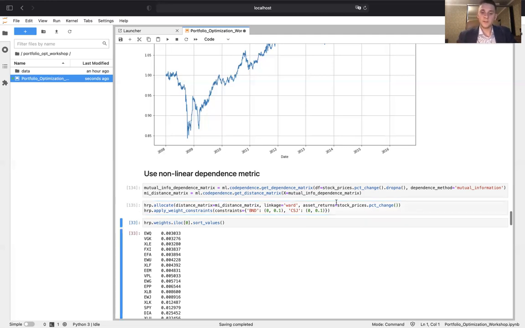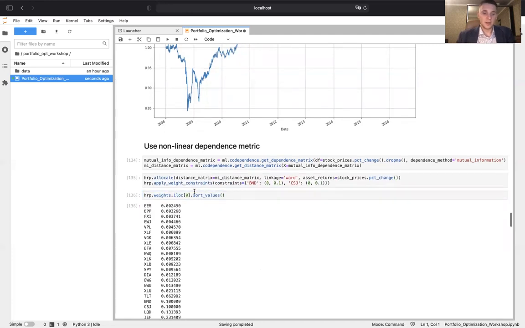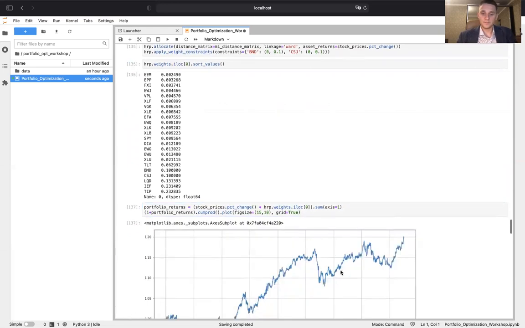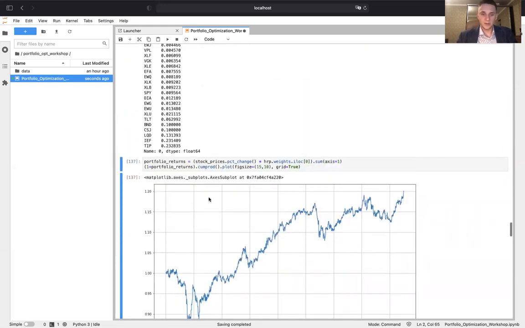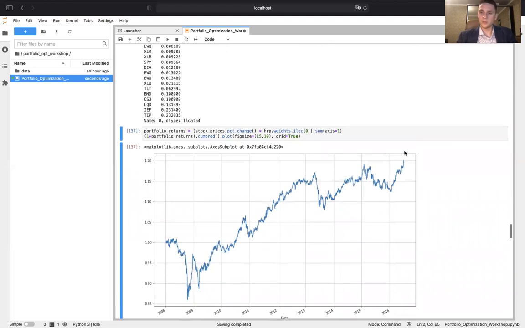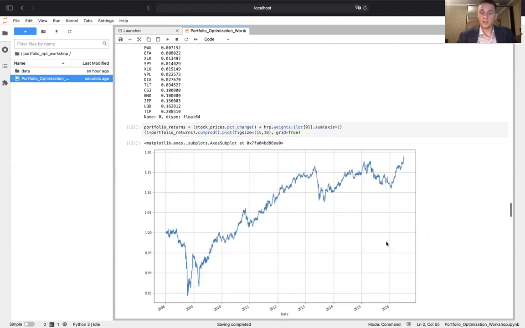So let's apply this function and take a look at how our asset returns have changed. We can see here the final return is around 1.20, and when we specify a nonlinear dependence matrix, we really get a slightly different result compared to the Pearson correlation matrix.